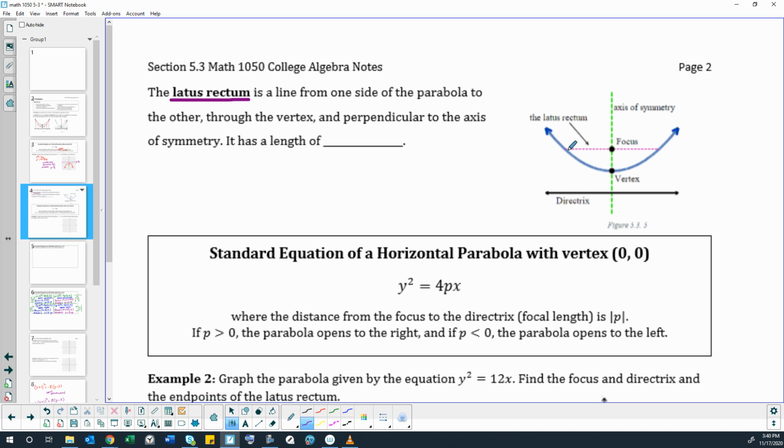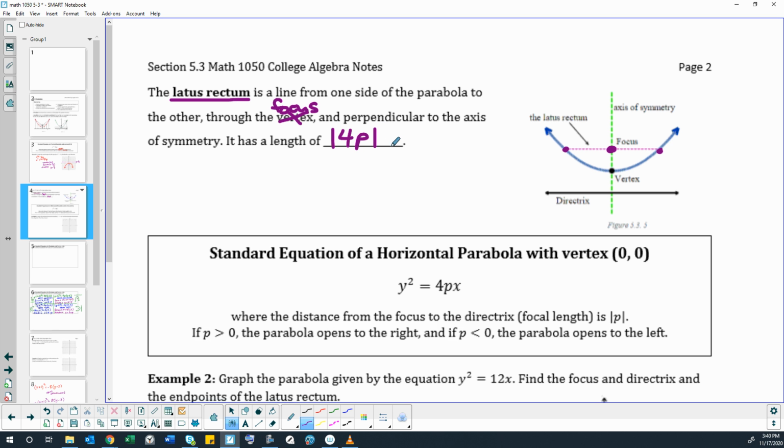So it's a line from one side of the parabola to the other side through the focus. Gosh, I've got so many typos on this paper. Through the focus, perpendicular to the axis of symmetry, and it has a length of 4p.